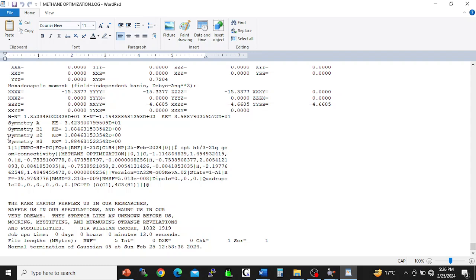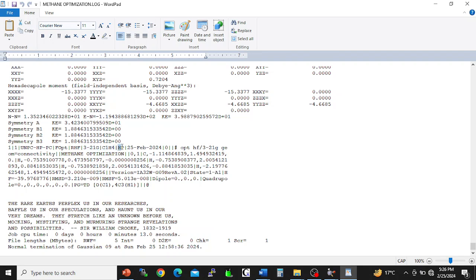Most of the key information in any output file is in this last paragraph here. It gives a summary. It says that this is the name of the PC, this is the type of calculation, which is optimization, this is the method, basis set, the formula, like it is carbon 1 for hydrogen.